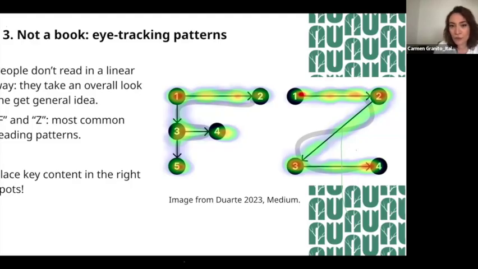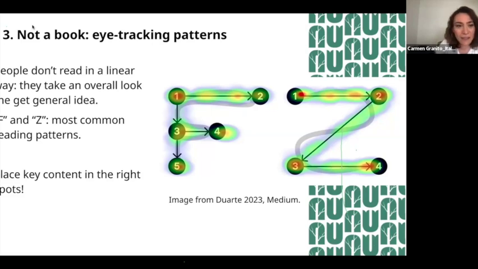Then they go through top right. So that's where you would place, for example, your title or your key message or your strongest meaning, okay? And then they go down a little bit, again go horizontally from number 3 to number 4, and then they go to the bottom.